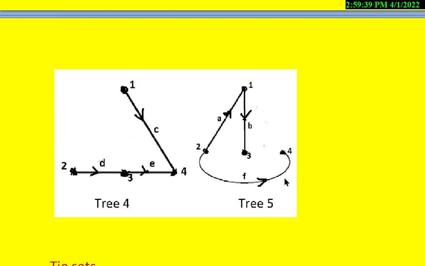Similarly, another tree also can be drawn for the given graph. This is node 1, node 2, this is node 3, node 4. All nodes are connected together with the thick line, that is called twigs, and this is a fifth tree for the given graph.